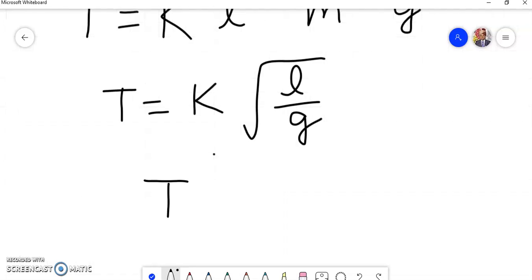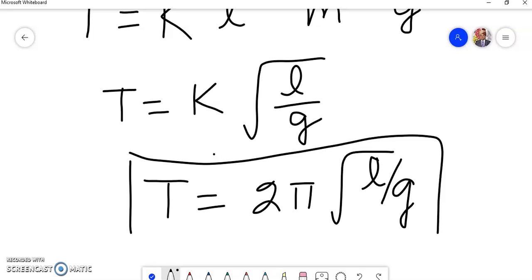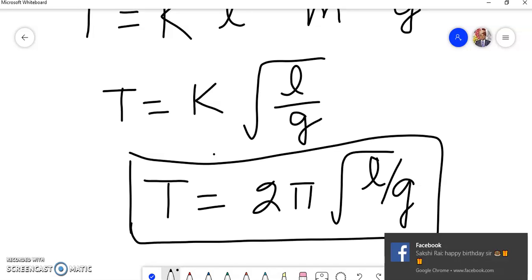As you can always see that T is equal to 2 pi under root L by G. This 2 pi is a constant which we always have with us. So this is there, dear students.